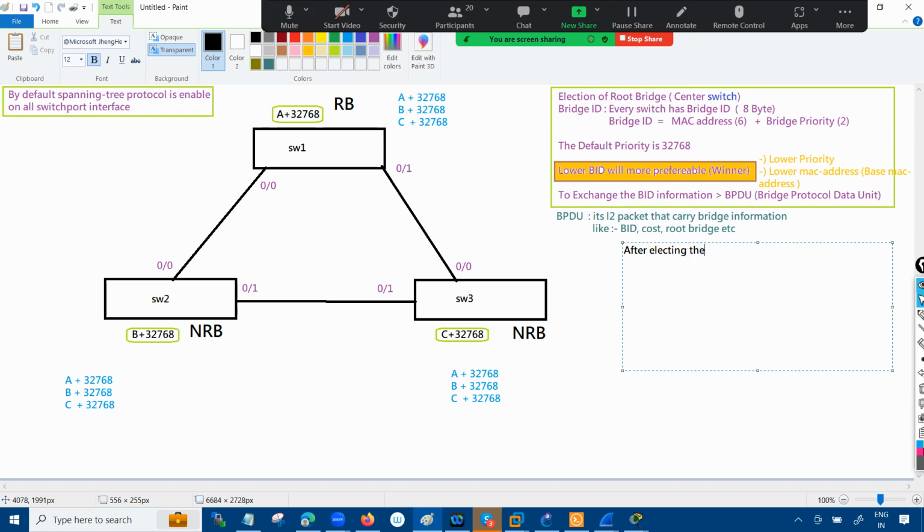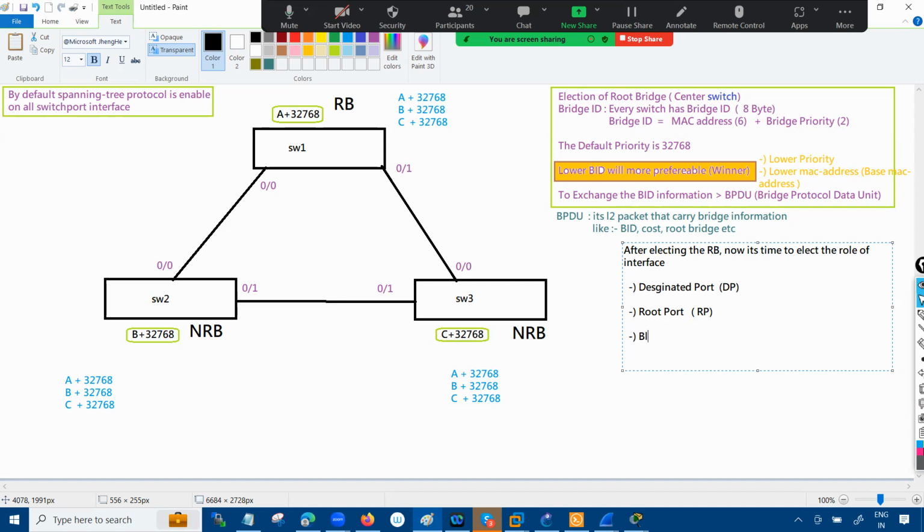After electing the root bridge, now it's time to elect the role of the interface. If I talk about the roles of the interface, we have the designated port, which we simply call the DP port. The next type of port is called a root port, which we call the RP port.